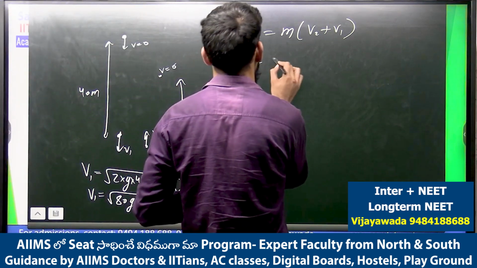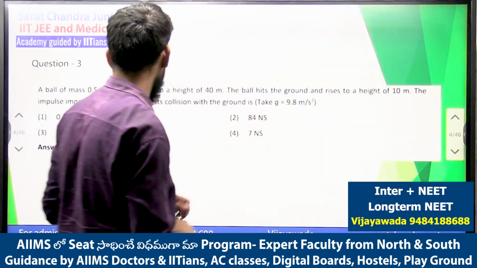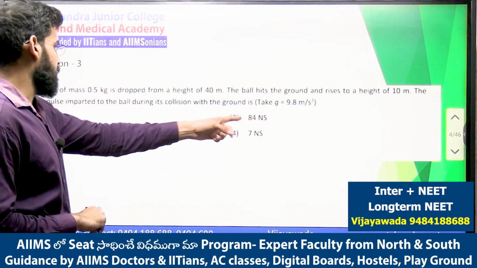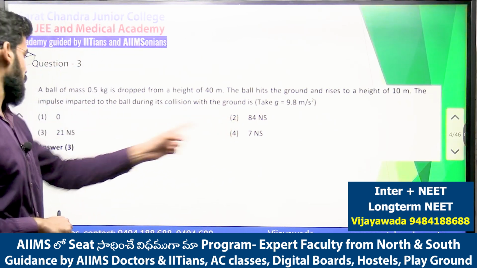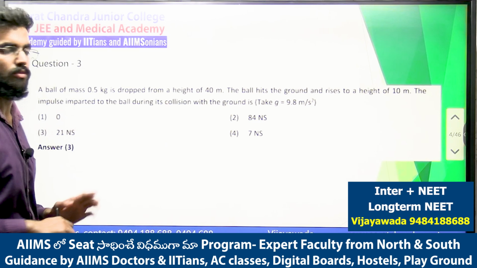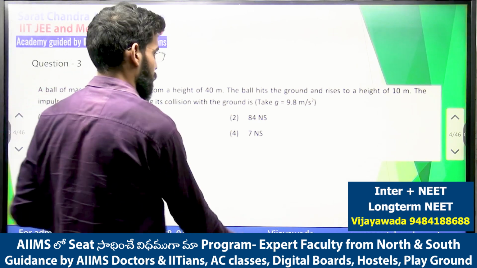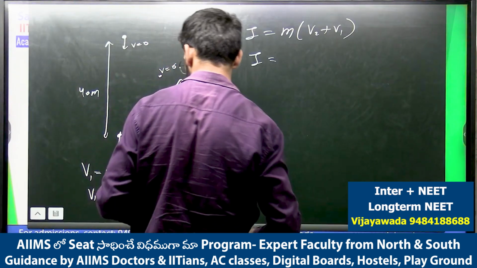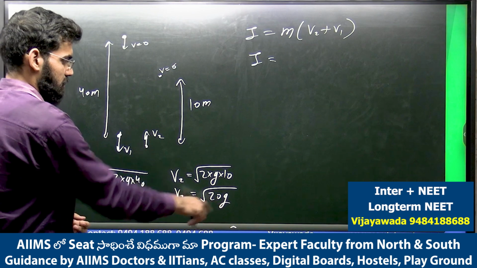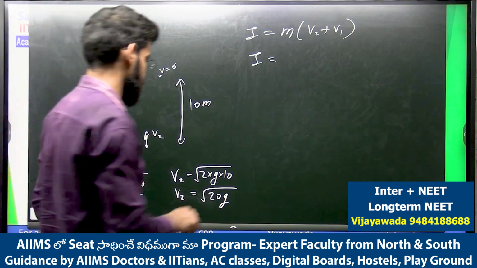So when solving for impulse, do we have to get the exact value? See, the values are very far away from each other, right? 7, 21, 84, 0, right? So we can go with 9, instead of 9.8, 10 also we can go. Okay, so this is 800, this is 200, right?